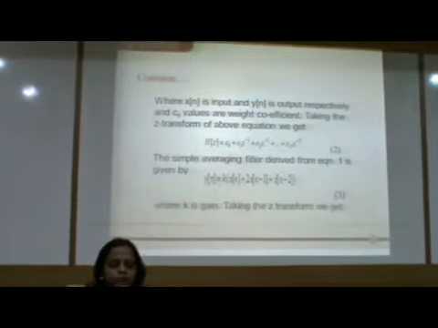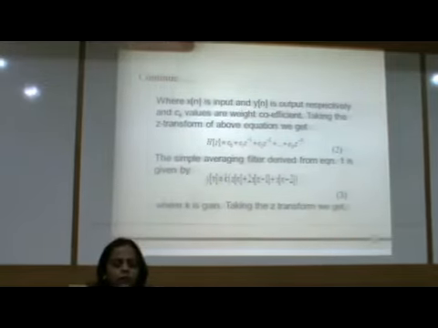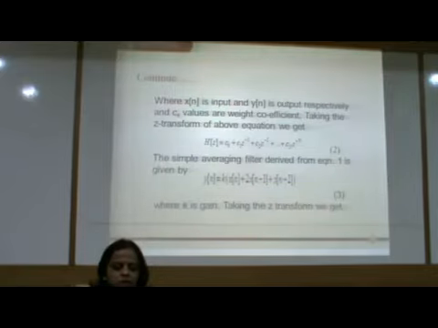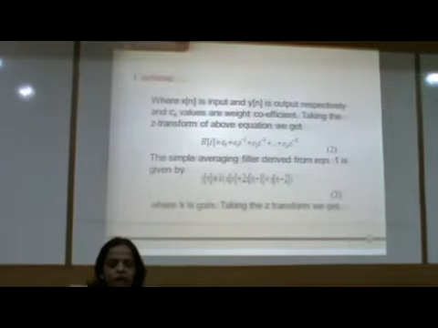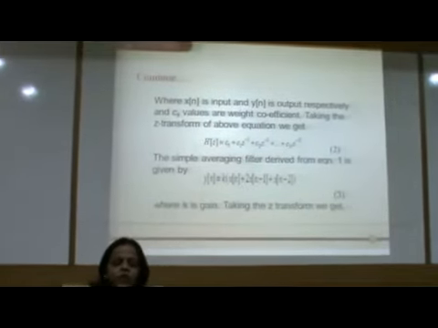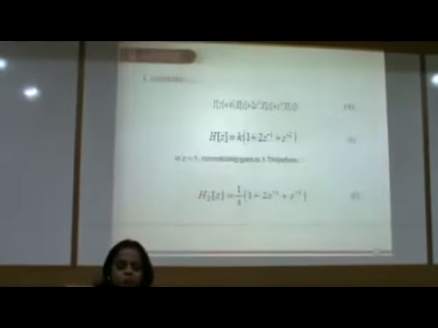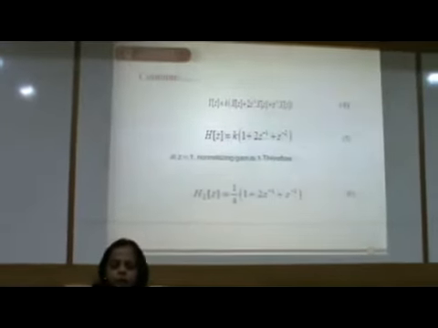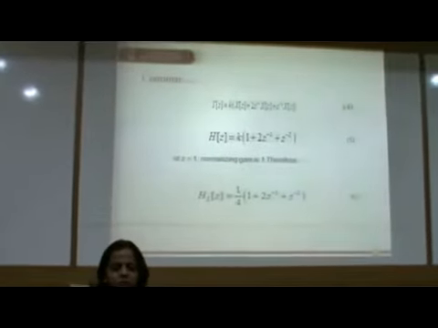The simple averaging filter derived from equation 1 is given by y[n] = k (x[n] + 2x[n-1] + x[n-2]). Here we are taking the 4 points and taking average of these 4 points, where k is gain. Taking the z transform, we get Y(z) is equal to k (X(z) + 2z^-1 X(z) + z^-2 X(z)).